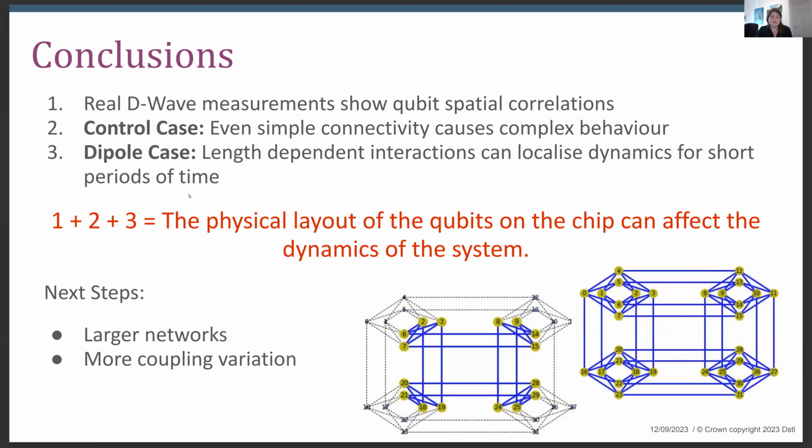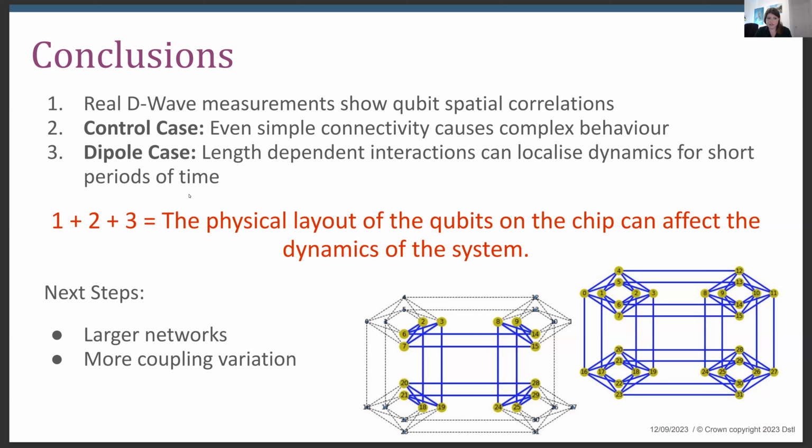So this study makes 3 conclusions. The first was our results on the Los Alamos dataset, which shows that real D-Wave measurements show qubit spatial correlations. The second conclusion comes from our control case. And like I said, even simple connectivity can cause complex behavior in spin networks.